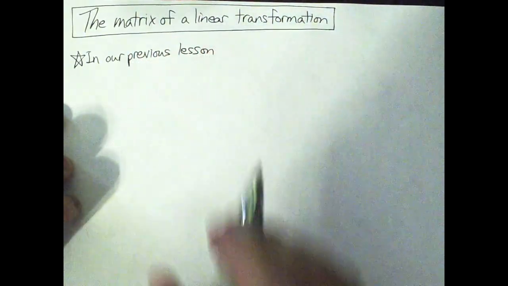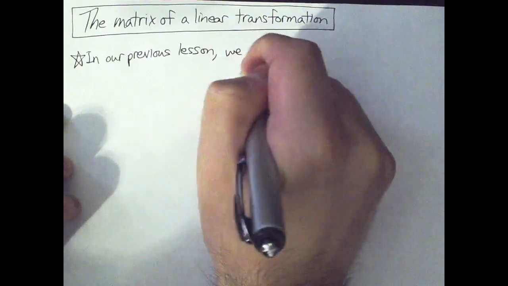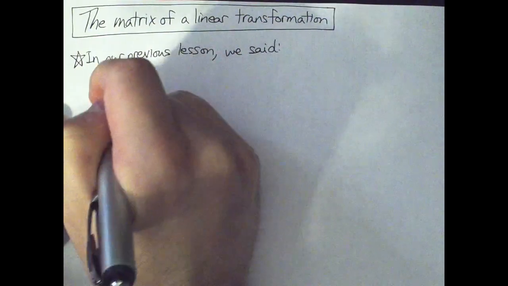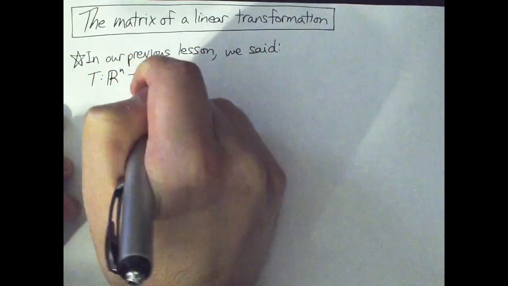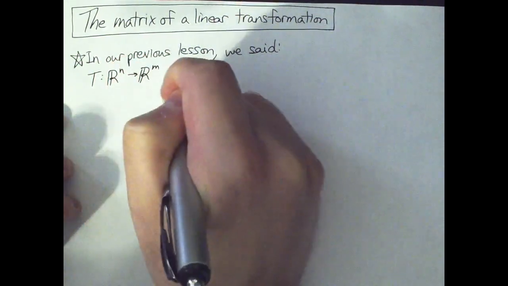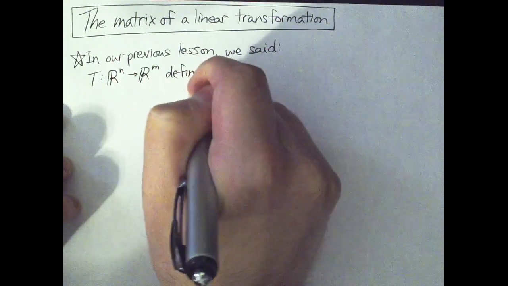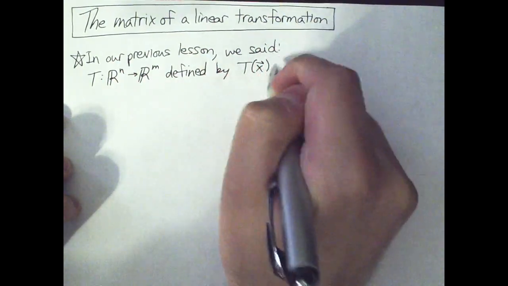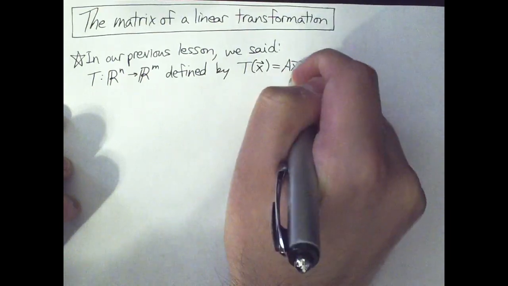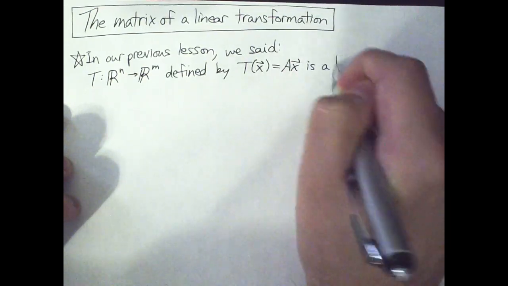the video before this one, we said that a transformation from Rn to Rm defined by T of x equals Ax is a linear transformation.